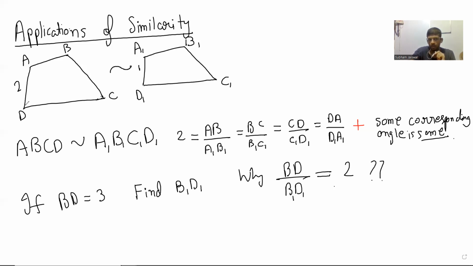Sir, when we join BD and B dash D dash, then can we say that BD will be greater than, less than 2 times AD plus AB?